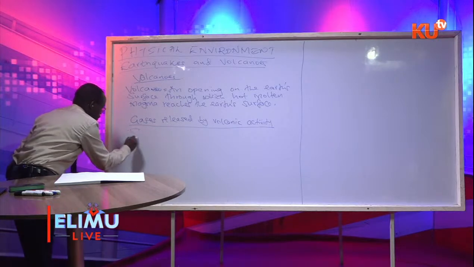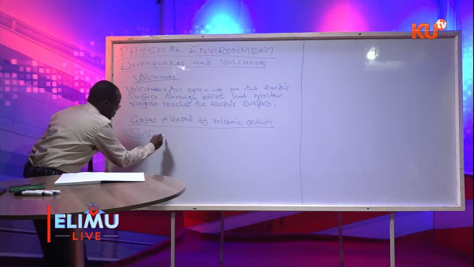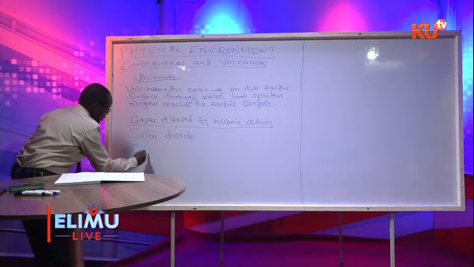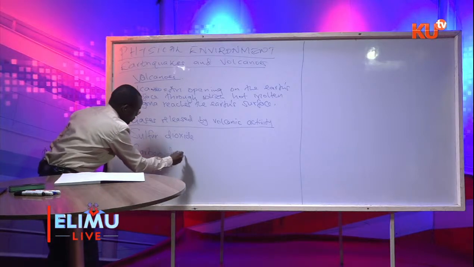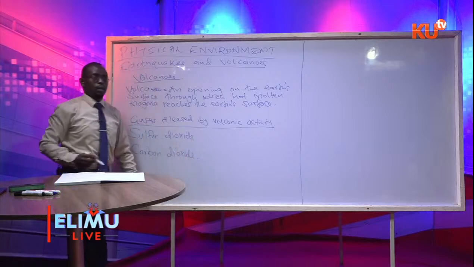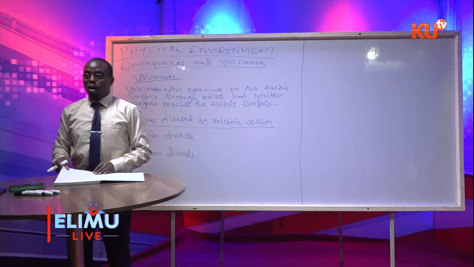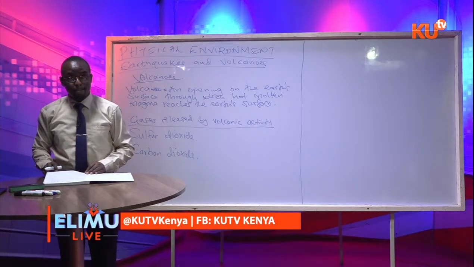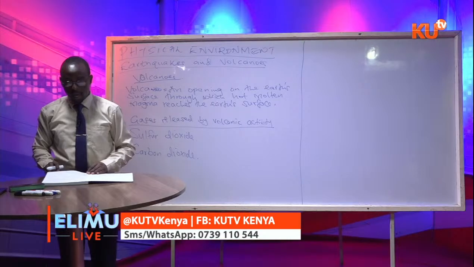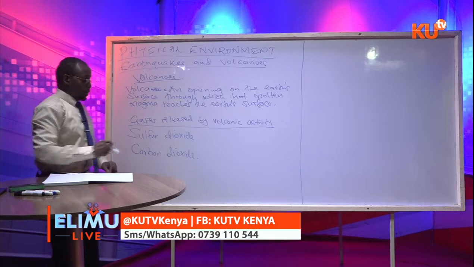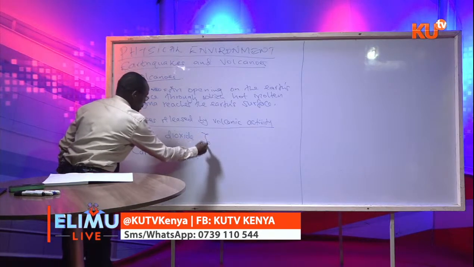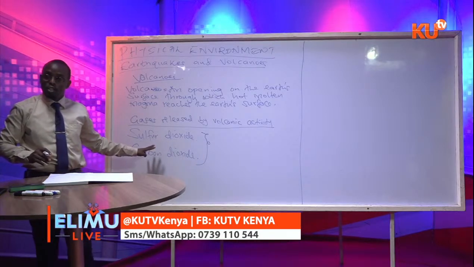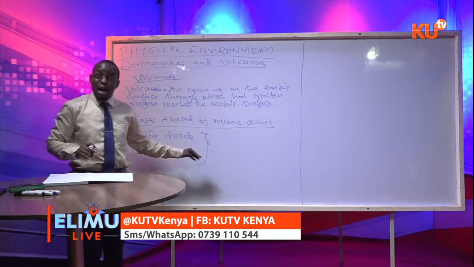These are the two gases, sulfur dioxide and carbon dioxide, that are mostly released by volcanic activity, and these two gases have caused climate change in some parts of the earth for a number of years.